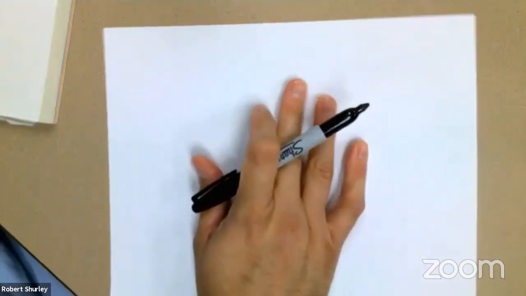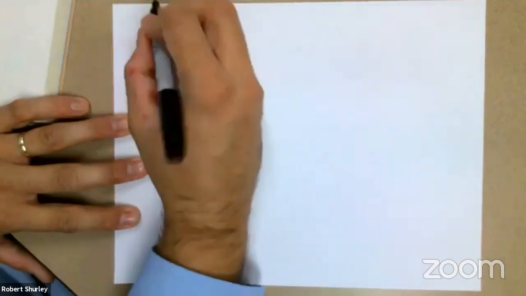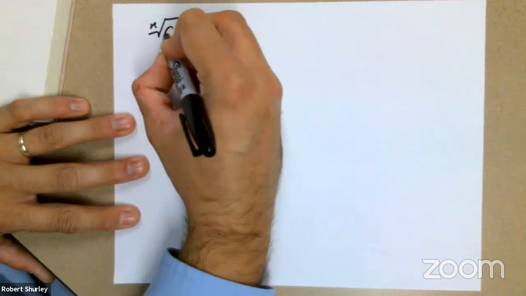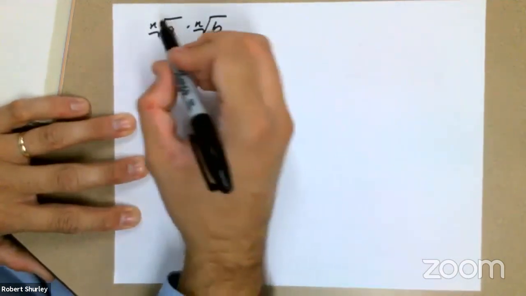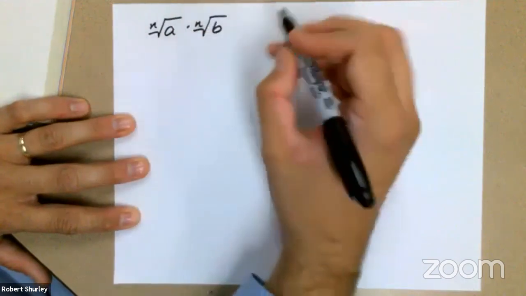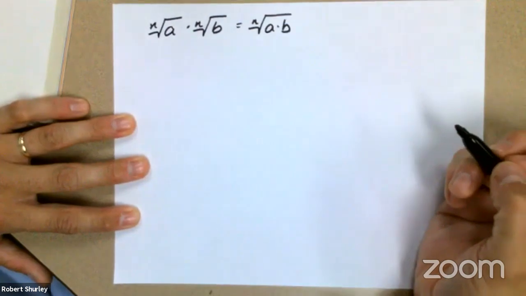So let's look, what about multiplying? So multiplying, we've gone over a little bit actually already, but to multiply, all you have to have are the like roots. So to multiply, if we had like the nth root of A times the nth root of B, as long as those roots are the same, you can multiply it underneath, okay?